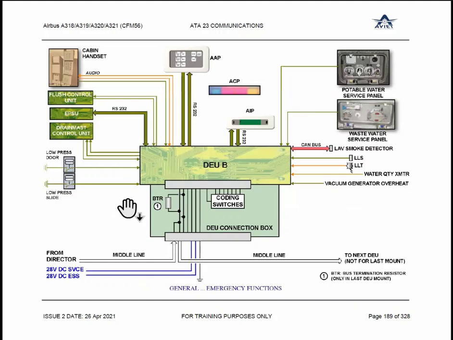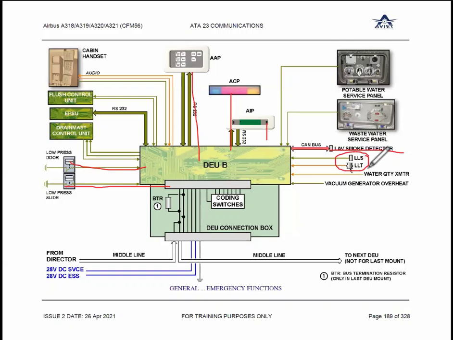Decoder encoder unit B has the same interfaces. AIP, ACP, AAP, right? Low oil pressure, slide pressure low, door pressure low for the nitrogen bottles. Nitrogen bottle for the door, nitrogen bottle for the slide. So they are also coming to the DUB. Additionally, they have the smoke detector transmitters, which were already there.